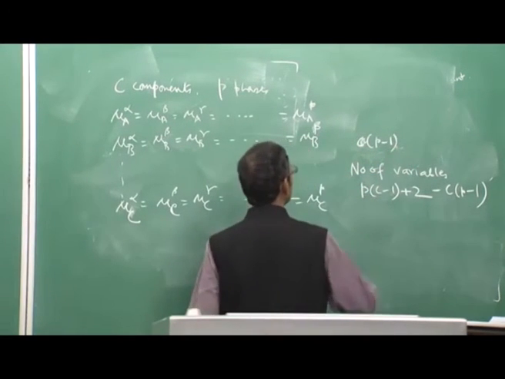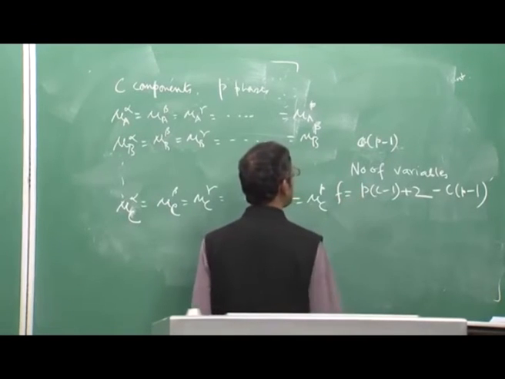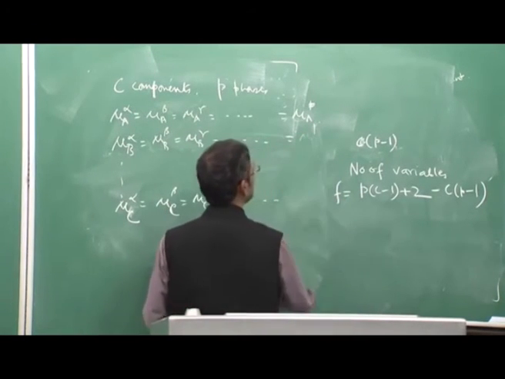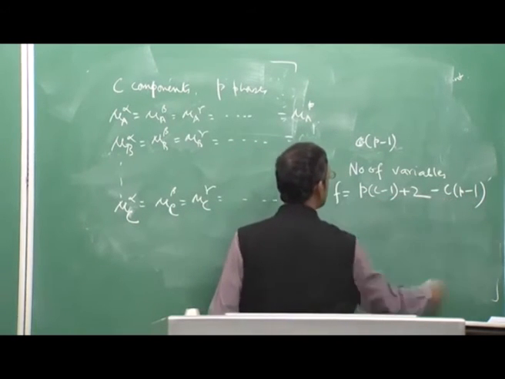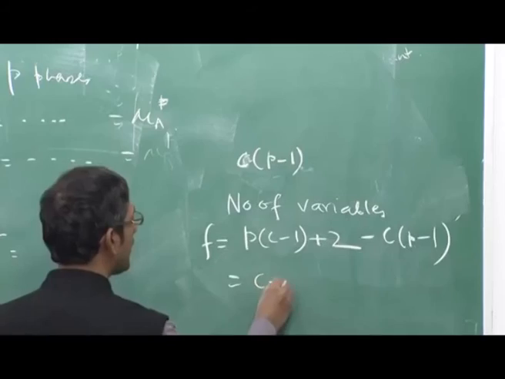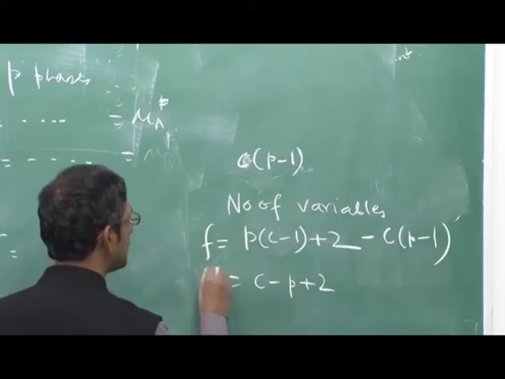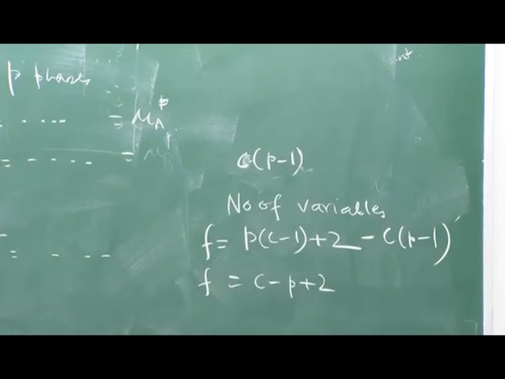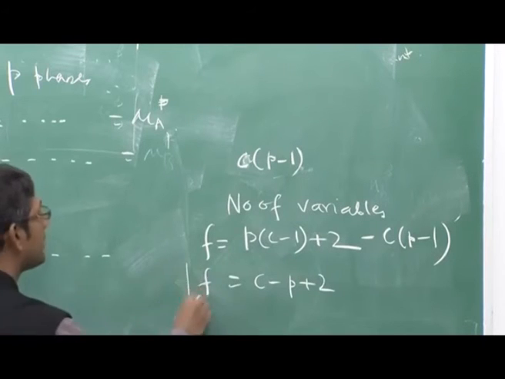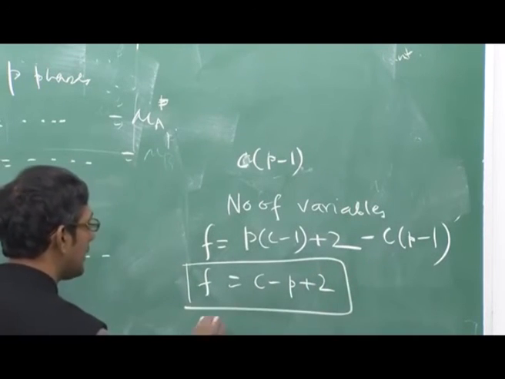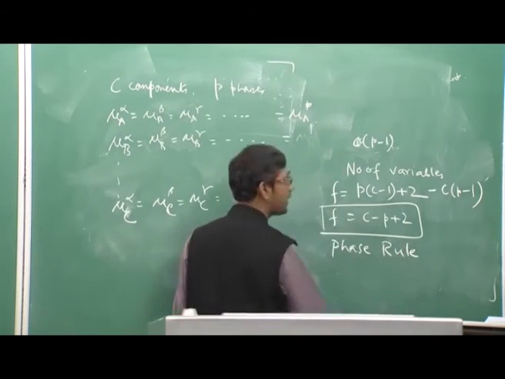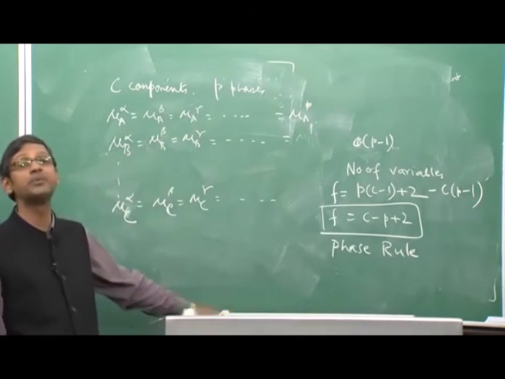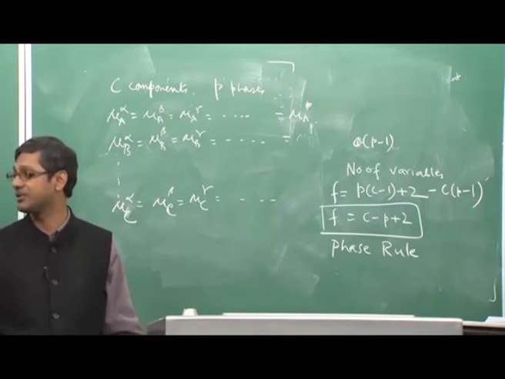If you do that, what is the number of free variables you get? Free variables are this minus this. This is the total number of variables minus the fixed variables. And if you do the math carefully, you will get F equal to C minus P plus 2, and this is known as the phase rule in the books. This is also known as the Gibbs phase rule because Gibbs has derived these equations.